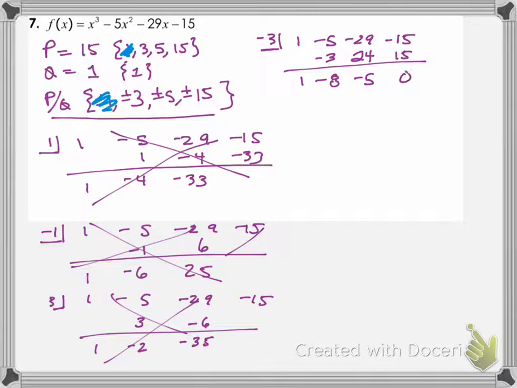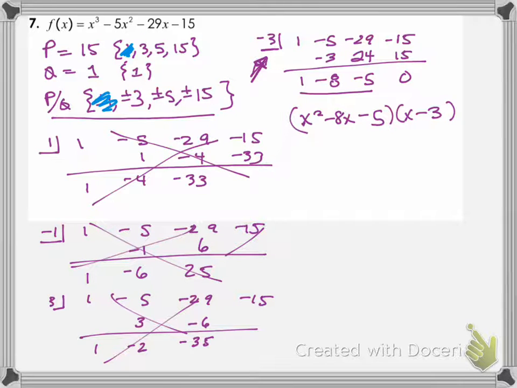Yay, I found one. So negative 3 is going to be a 0. So this reduces to x squared minus 8x minus 5, and I have x minus 3.